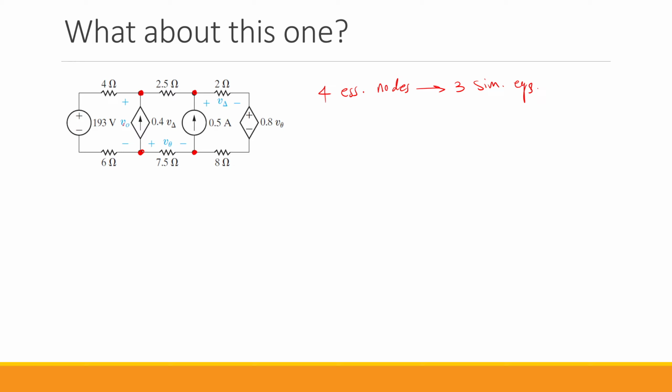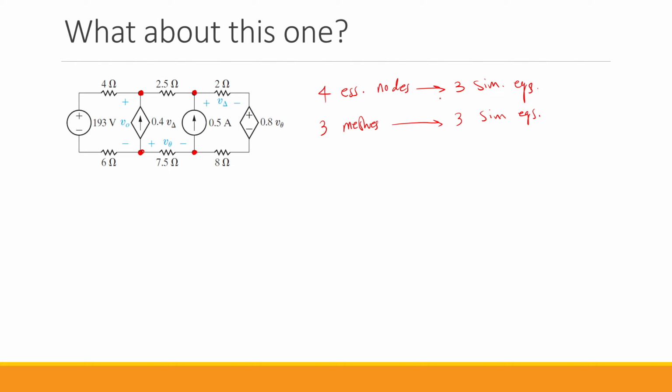We have 1 mesh here, the second one is here, and the third one is here. So we have 3 meshes in this circuit. So that is equal to having solved 3 simultaneous equations.